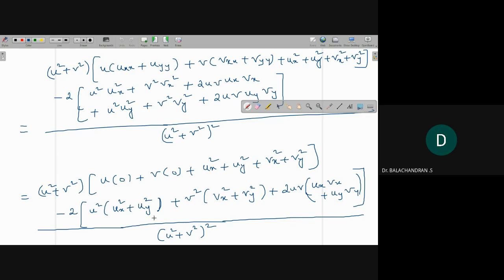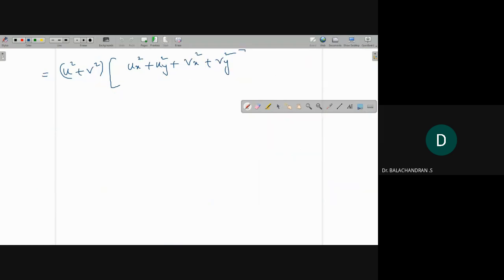Yeah, using the CR equation again. So you should keep ux square plus uy square as it is. I will write minus 2. Close the bracket.